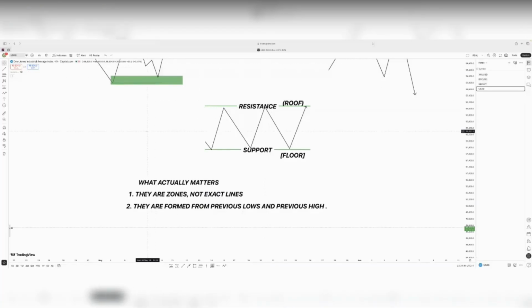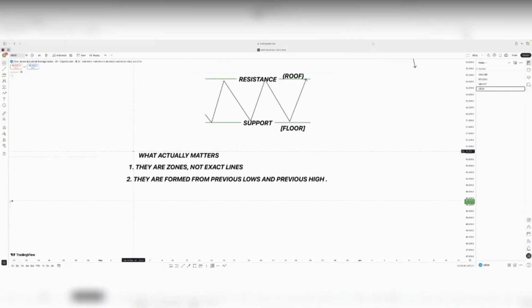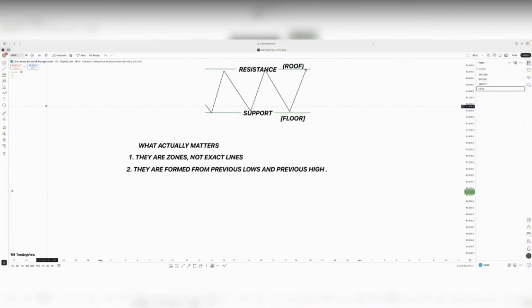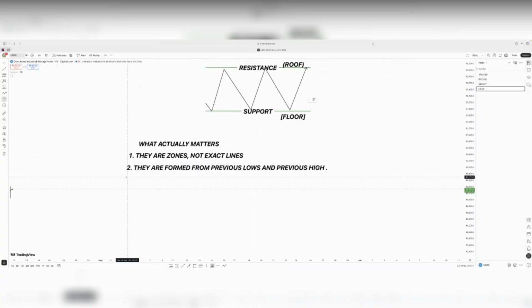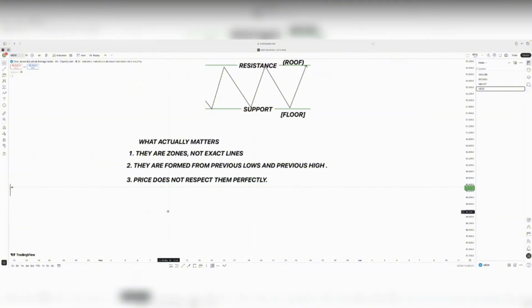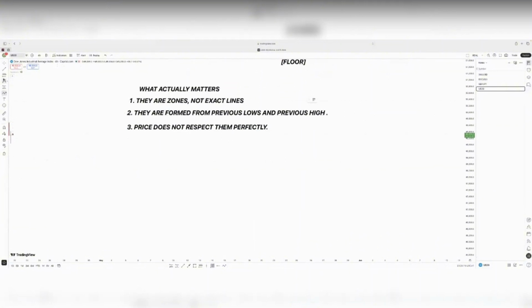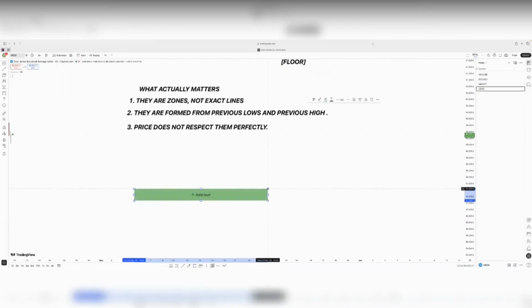Now, price does not respect them perfectly. It is not magic. Price does not respect these zones perfectly, meaning once price reaches there, you do not always get immediate movement. Sometimes it does, but most times it might not. Let's say we have a support zone right here, an area where we expect buys to happen from.